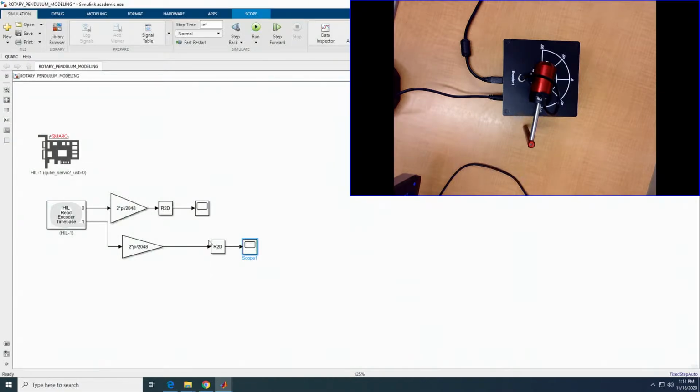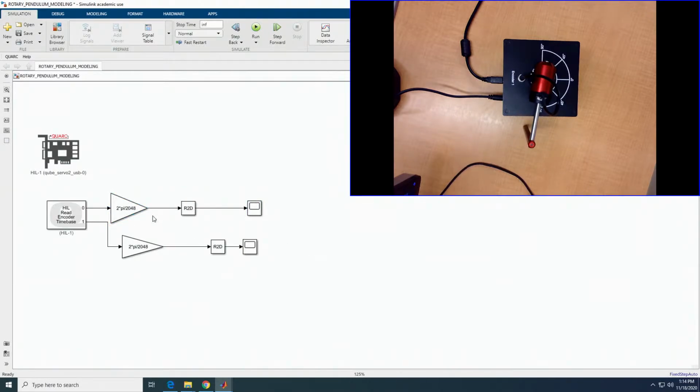So next I'm going to add a few blocks to make sure that first of all the counterclockwise readings of the arm will be positive, and second that the pendulum angle will have a value of 0 when in an upright position, and that it does not go beyond 0 or 360 degrees.